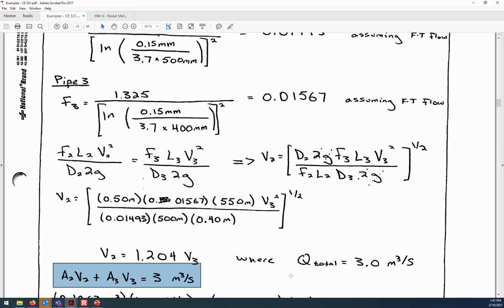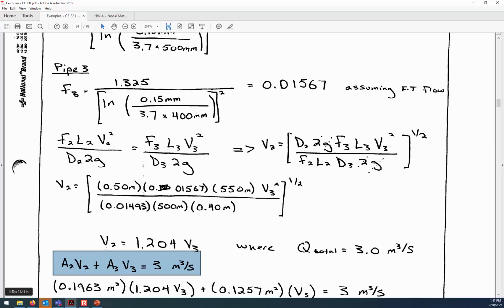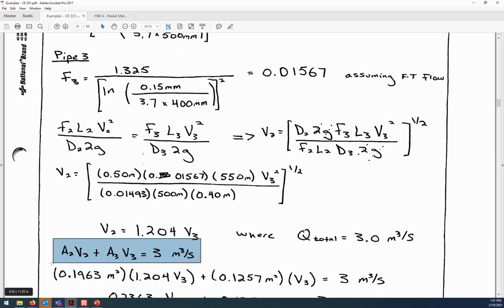All right, so now we add the continuity relationship that combined, pipe 2 and pipe 3 are carrying 3 cubic meters per second. So A2V2 plus A3V3 is 3 cubic meters per second. We substitute in the known cross-sectional areas, and instead of V2, we write it in terms of V3.